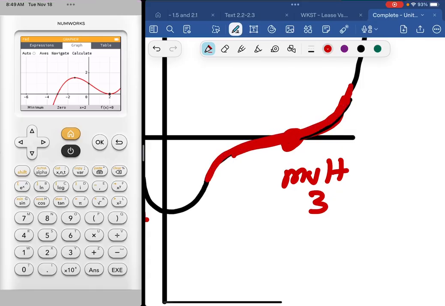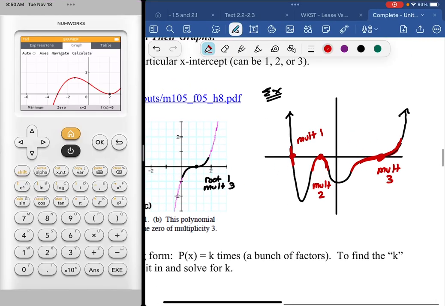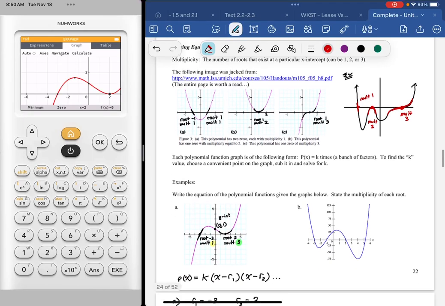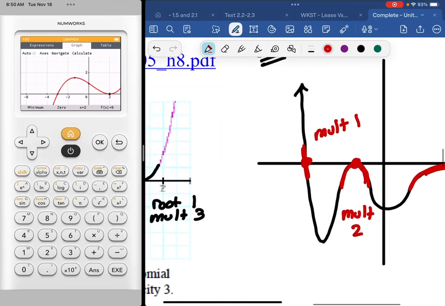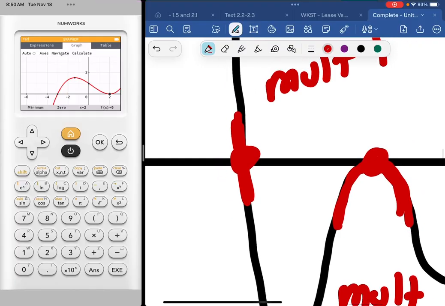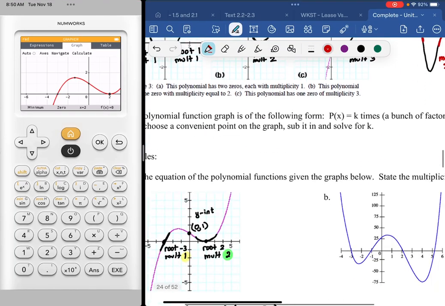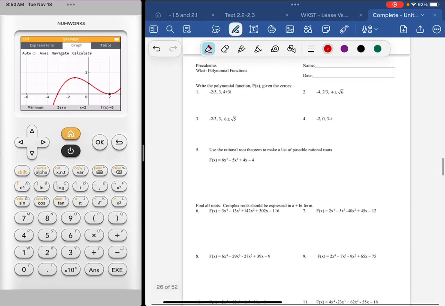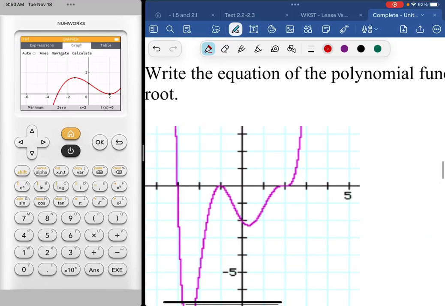If you're ever in a situation, and this isn't an ironclad rule, where you're not sure if it's multiplicity of 1 or multiplicity of 3, and you have a pretty solid handle on what it's supposed to look like, then it's probably multiplicity of 1. Because if you have to imagine that there's a curve there, then there really isn't. It's not always ideal where it looks like a line going through; sometimes it's a little iffy, like you see a couple pages down the line.